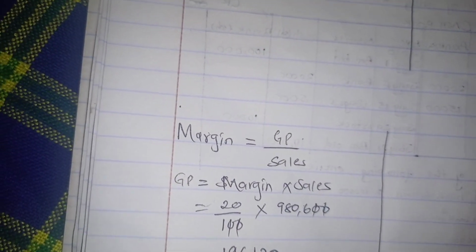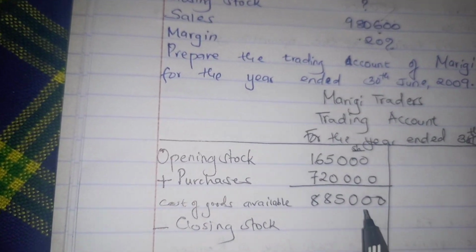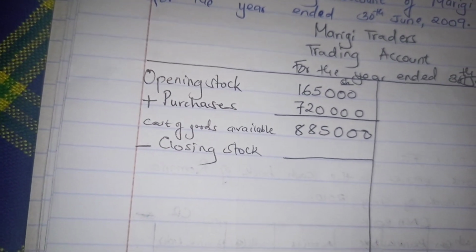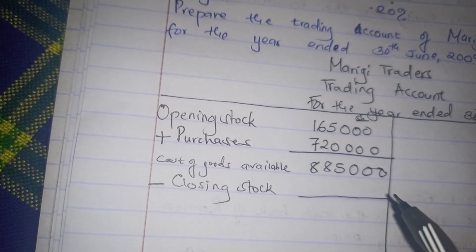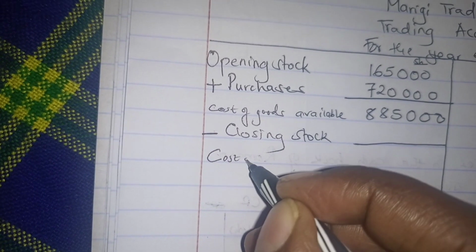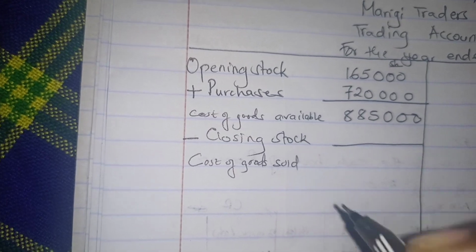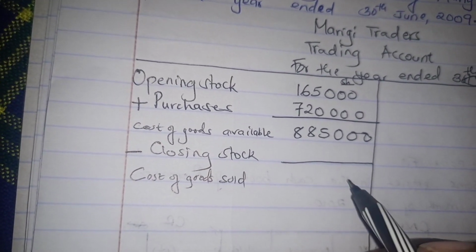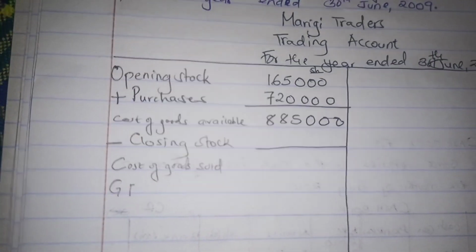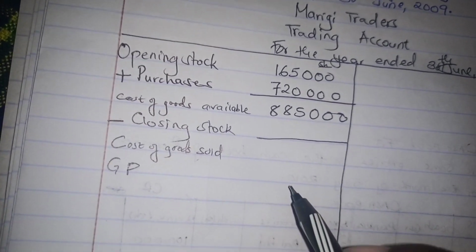So how do we use the gross profit to arrive at the stock? Now remember, once we subtract closing stock from the cost of goods available, we always arrive at cost of goods sold. Cost of goods sold that we do not know, then how do we get gross profit?